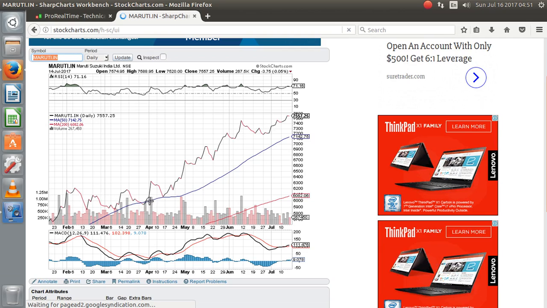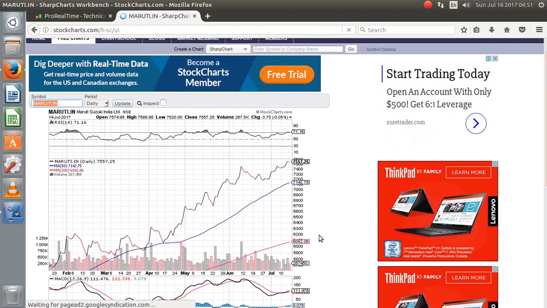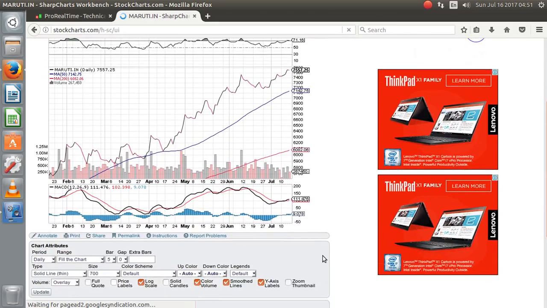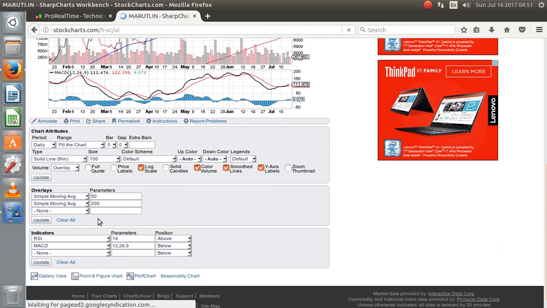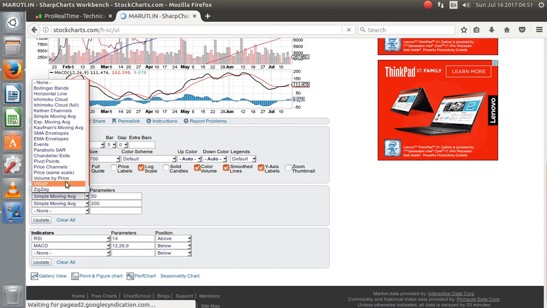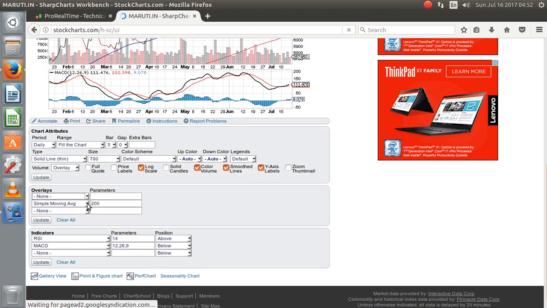I have some moving averages there. Let me try to remove it. Okay, none, and we update the chart. There you go. There's a cleaner picture.